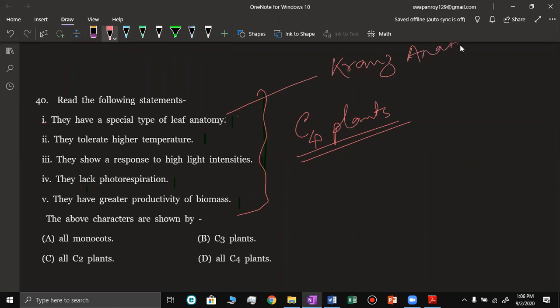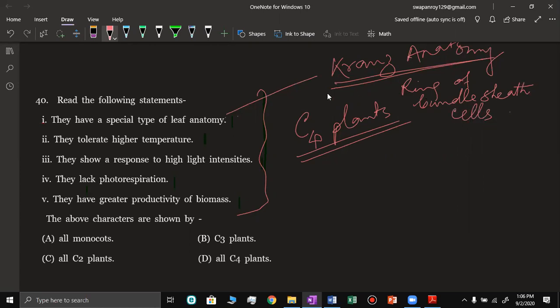What is Kranz anatomy? It is the ring of bundle sheath cells. This is special in the C4 plant.